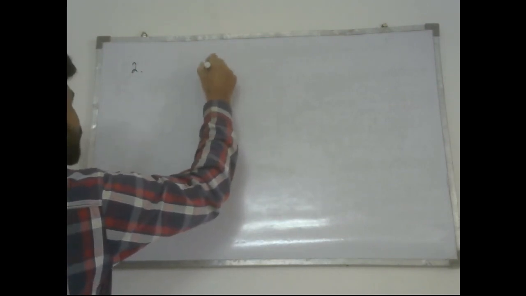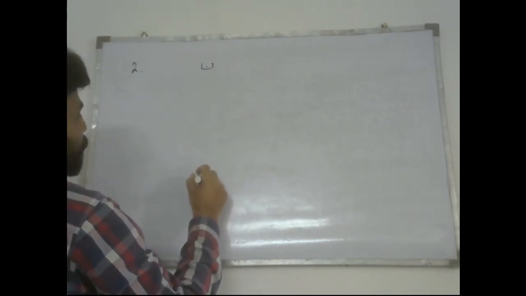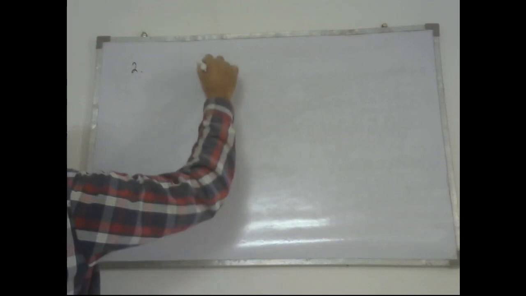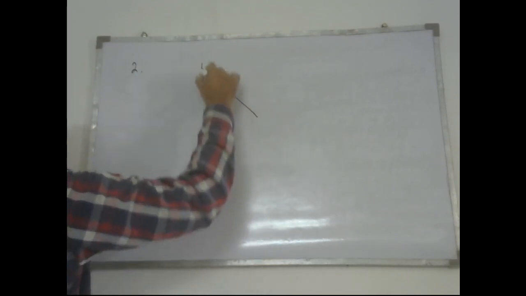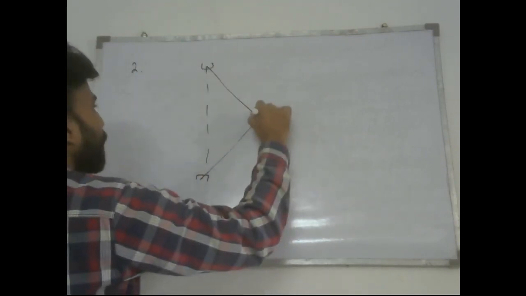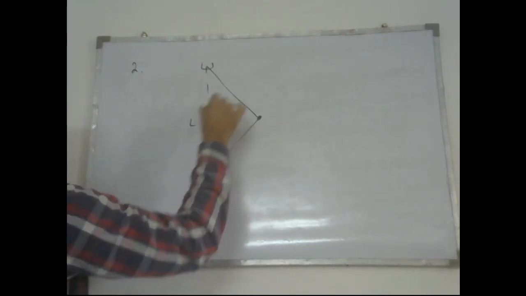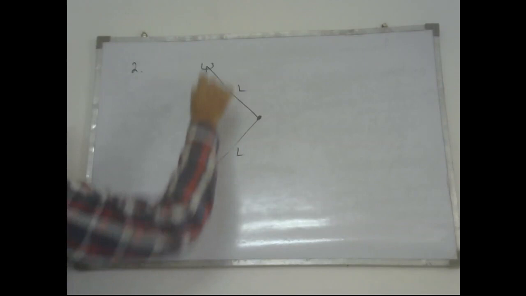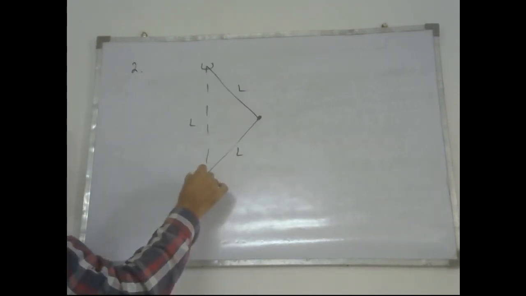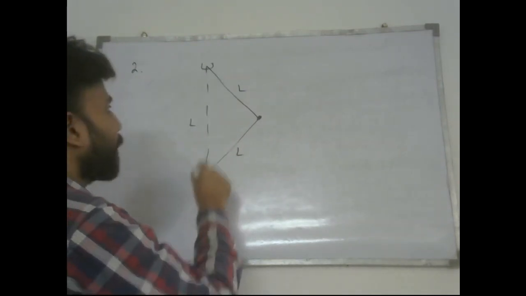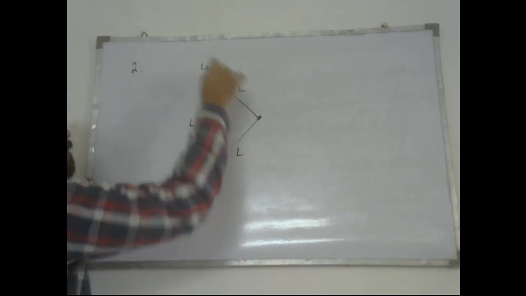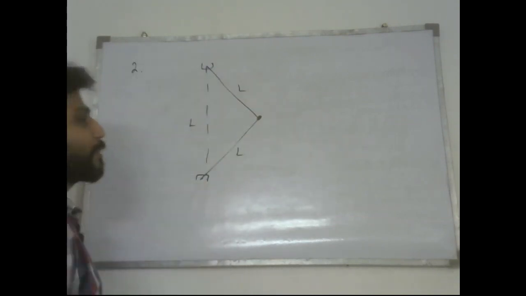We have two strings which have the same length as the distance between these two vertices. The distance between this point and this point is L. The length of the string is also L, and this length is also L.